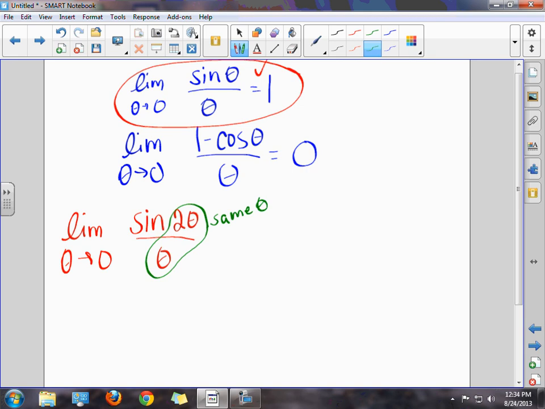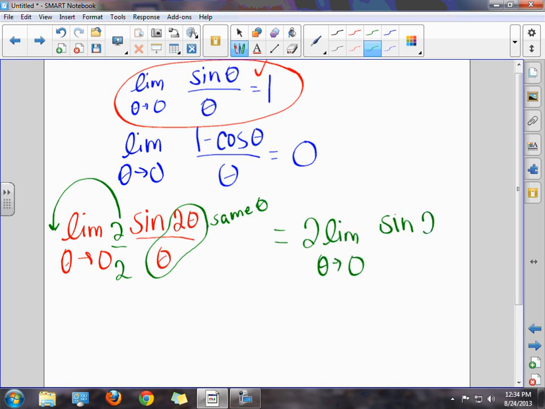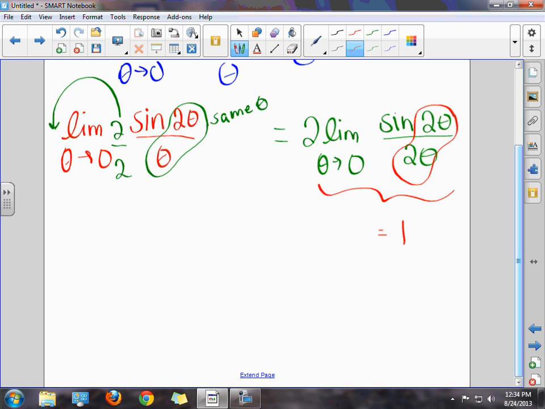If I multiply by 2 over 2 here, then this 2 I can pull and put in front, and then I end up with this expression. So now these are the same theta. So now this expression right here, sine 2 theta over 2 theta, limit as theta goes to 0, is equal to 1. So I can evaluate this and say, okay, that thing's equal to 1. And so my limit is just equal to 2 times 1.